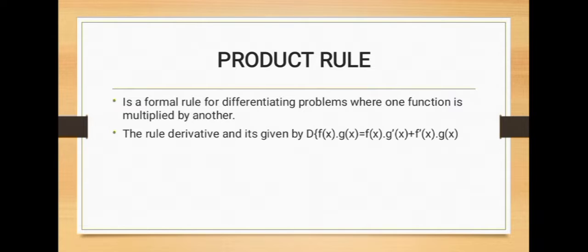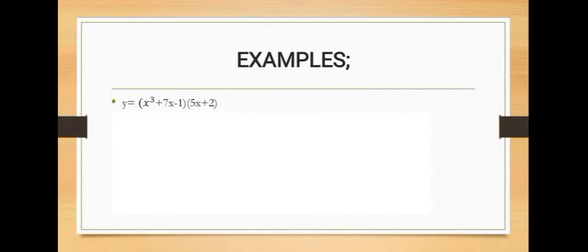For you to be able to understand the product rule, let's proceed to the examples. Example number 1. Suppose that we have y is equal to x cubed plus 7x minus 1 times 5x plus 2.